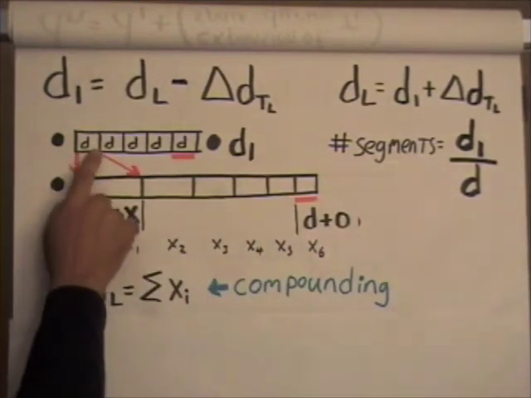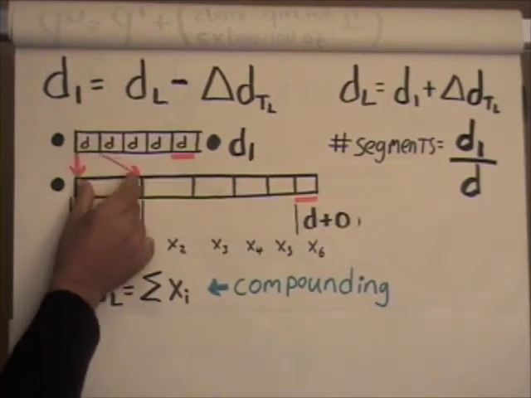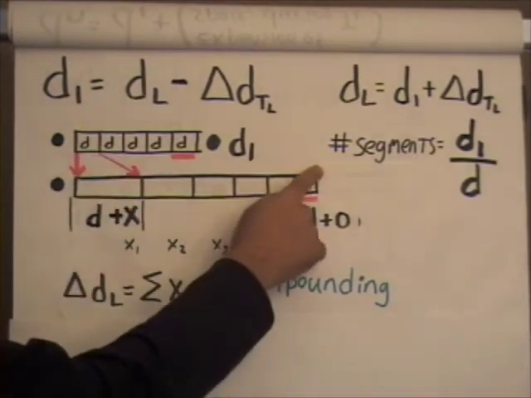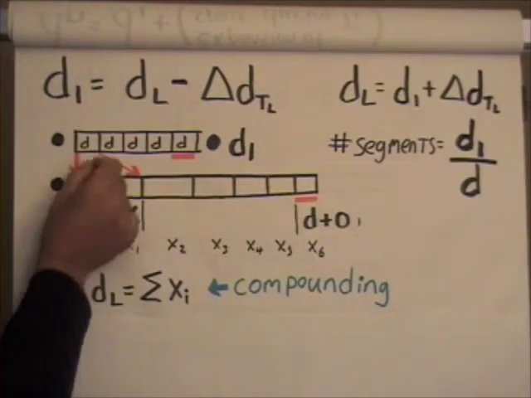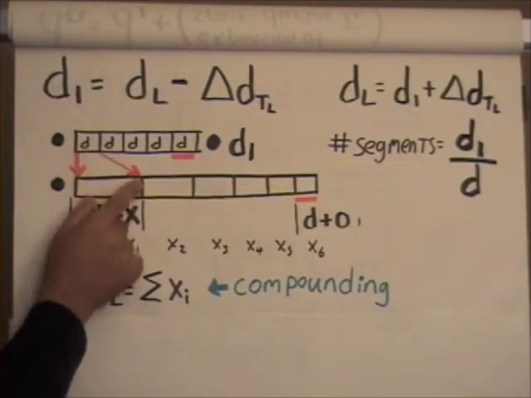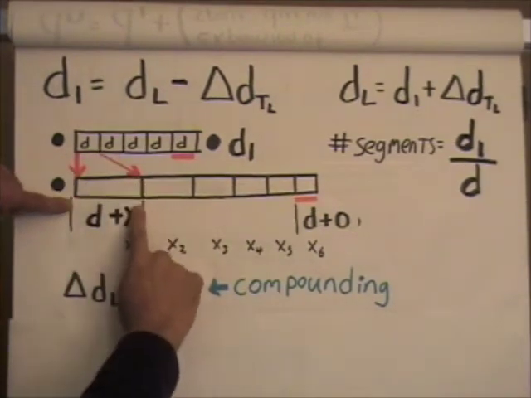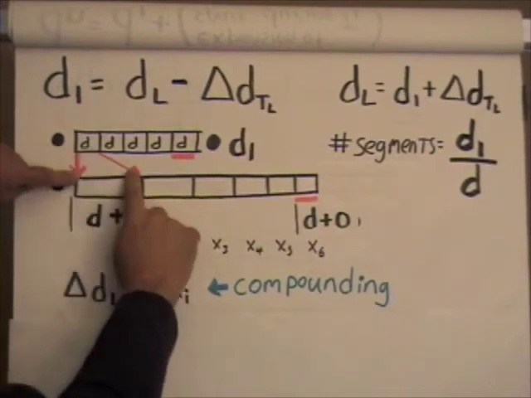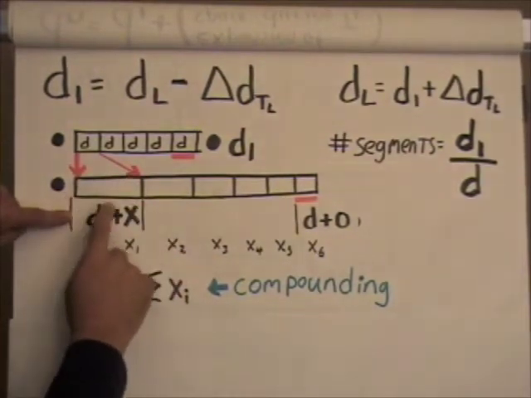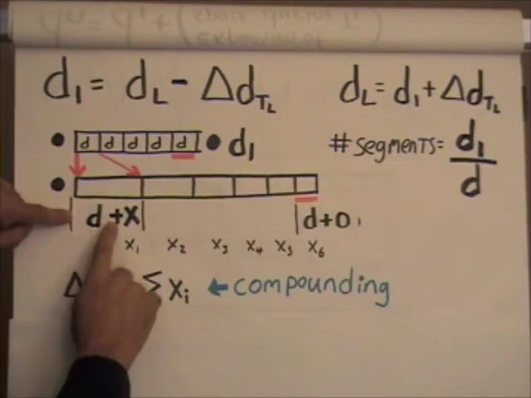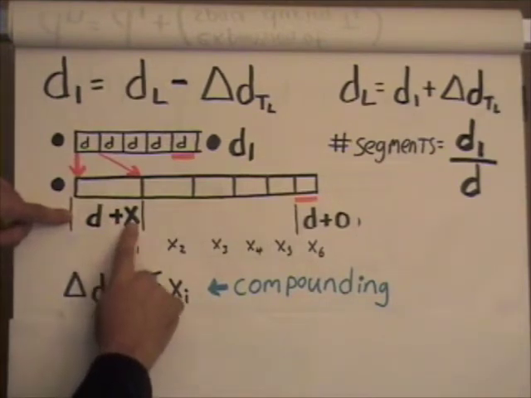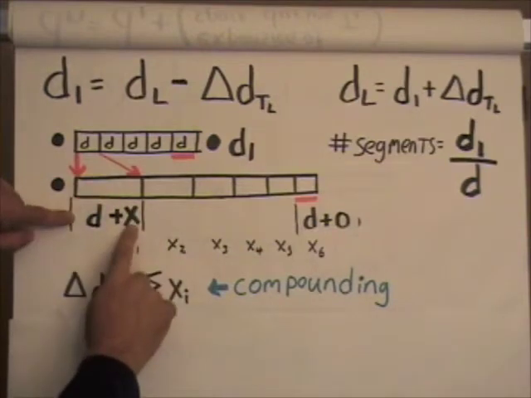The last segment, d, expanded a lot because it took light a long time to get there, so it had more time to expand because of the expansion of space. So its distance that light traveled through is the original distance d plus some distance x, which is the amount it expanded by.